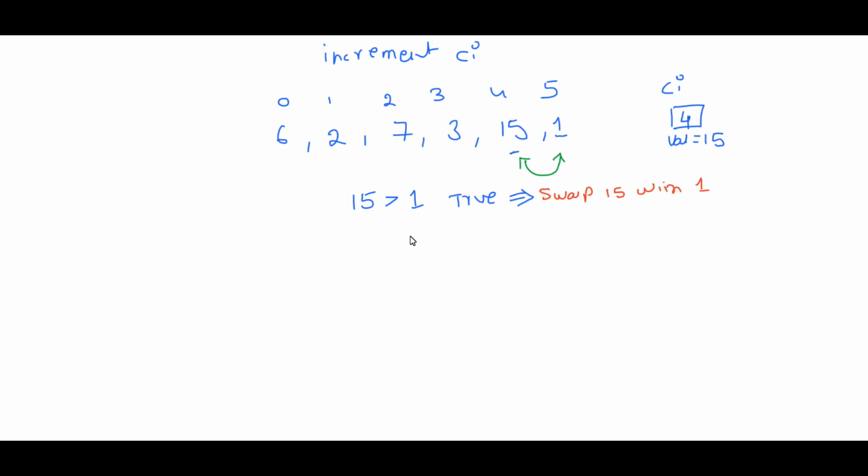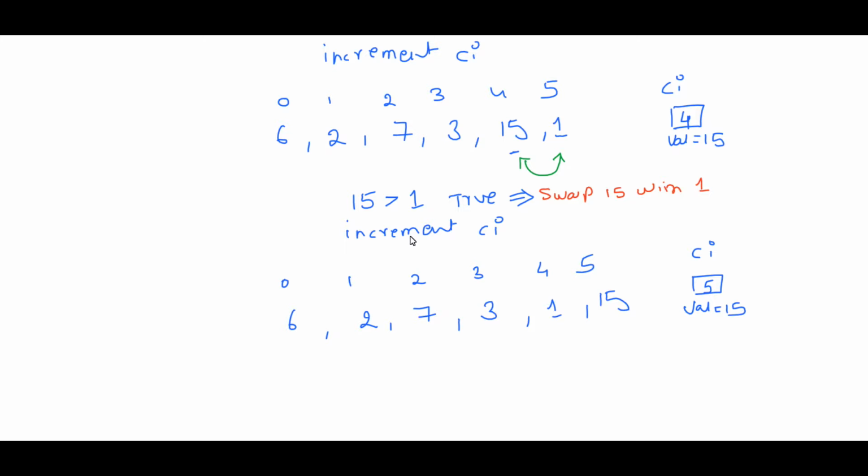And I'm going to write it anyway, just so we have it: increment CI. So this is what we'll end up with: 0, 1, 2, 3, 4, 5, 6, 2, 7, 3, 1, and 15, with our CI pointing to element 5, which has a value of 15.